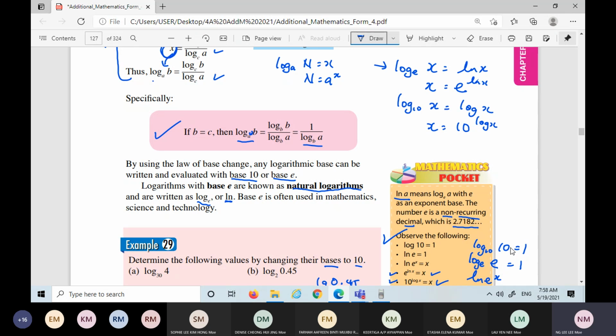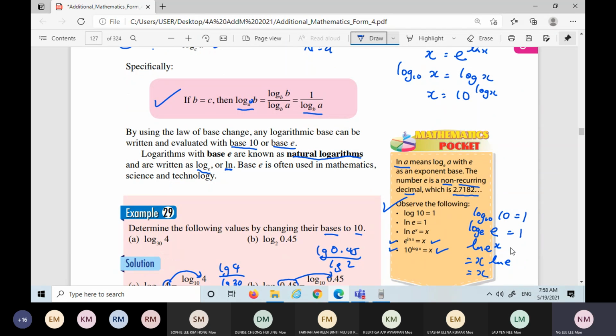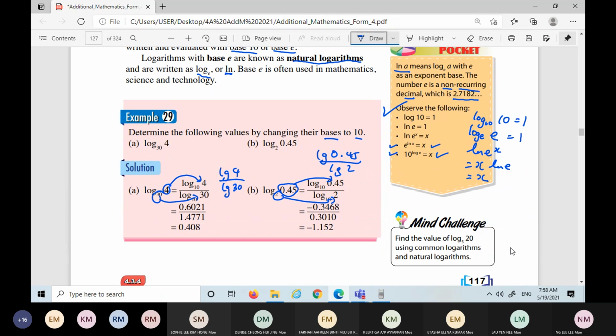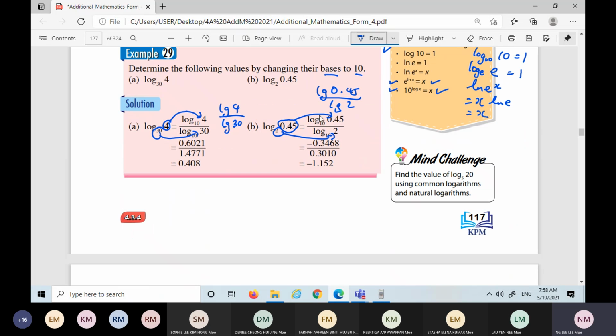There will be questions that have to use number 4 and number 5. Now we try this: log base 5 of 20 using common logarithms and natural logarithms.